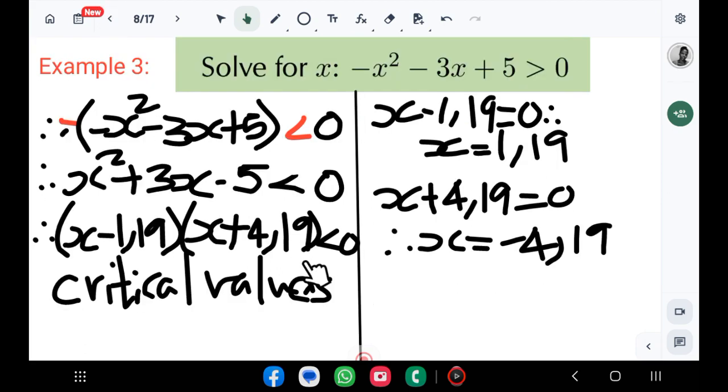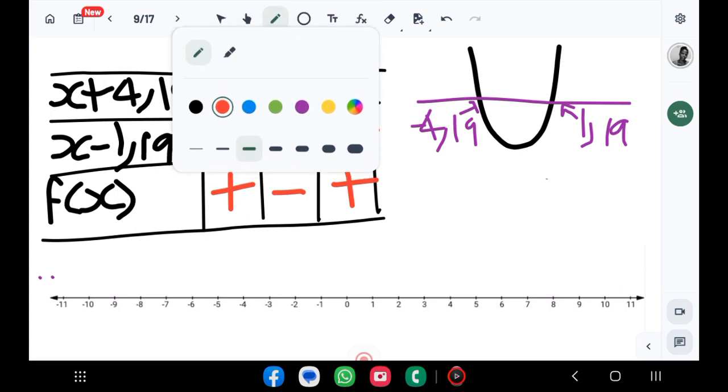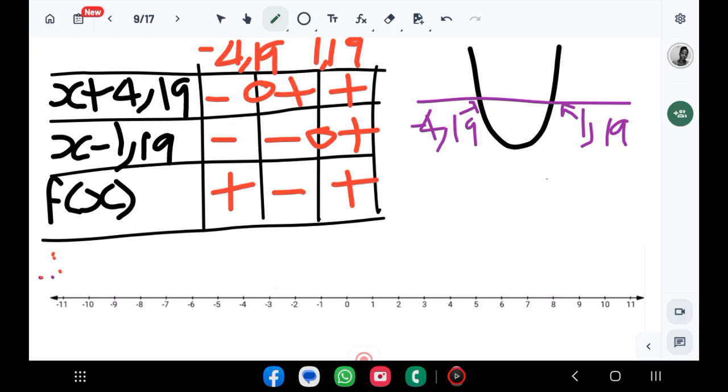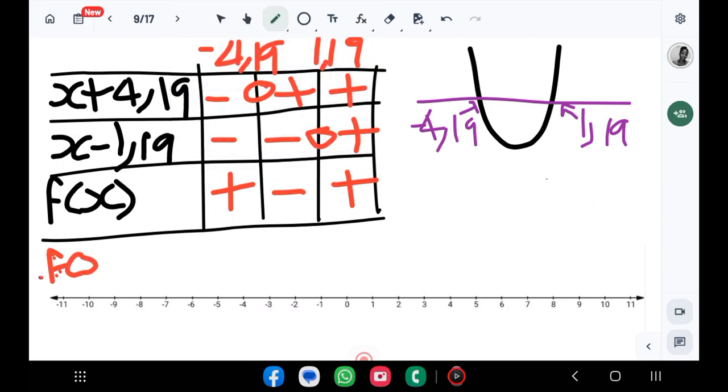Now the question is find x when this is less than 0. Therefore f of x, which is the product of the two, is less than 0, sorry.